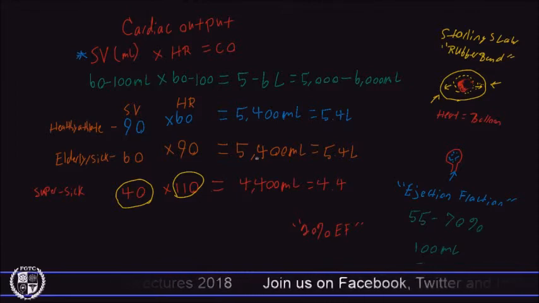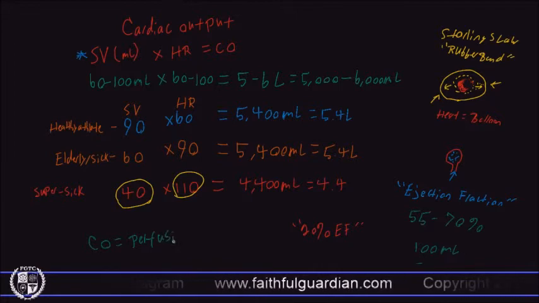But the biggest thing is understanding cardiac output and how it goes into maintaining your body's perfusion levels. So all of this goes into your cardiac output. Your CO equals perfusion, so if you have good cardiac output, you have good opportunities of maintaining perfusion.